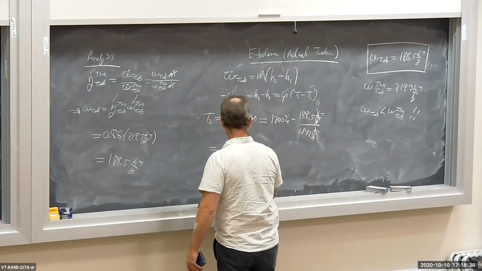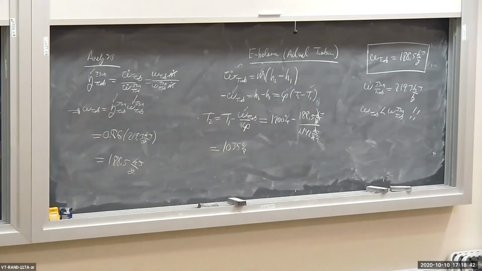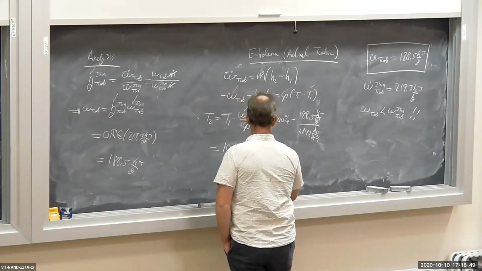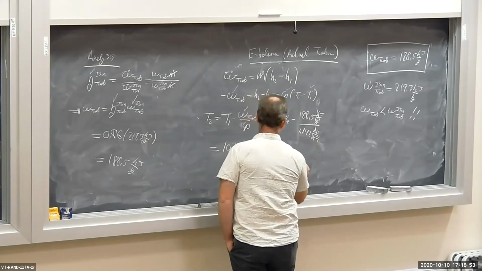Actually 35 degrees Kelvin. 1,035 degrees Kelvin. So T2 is 1,035 degrees Kelvin. Box it up.